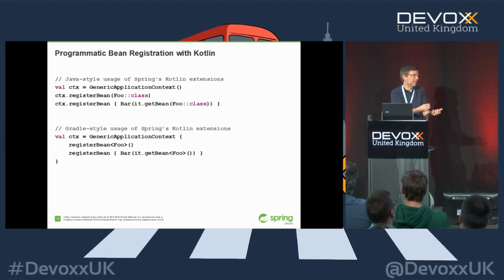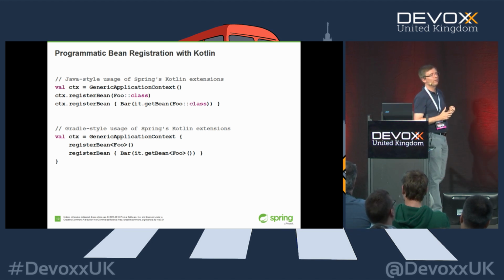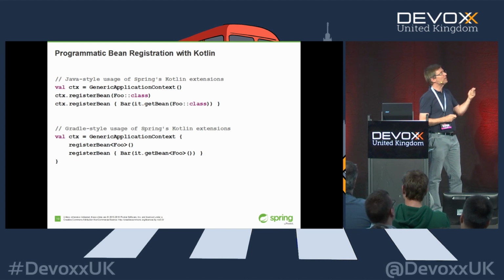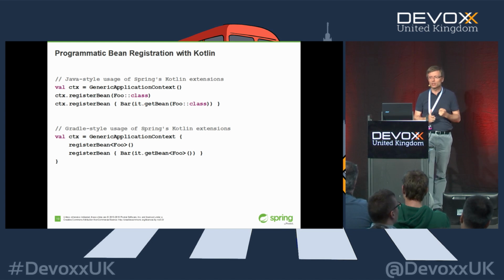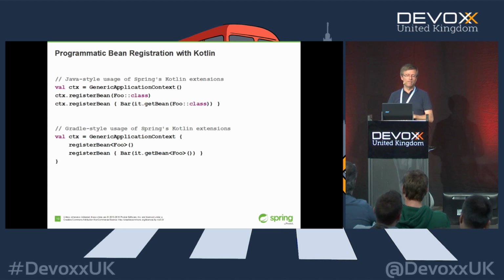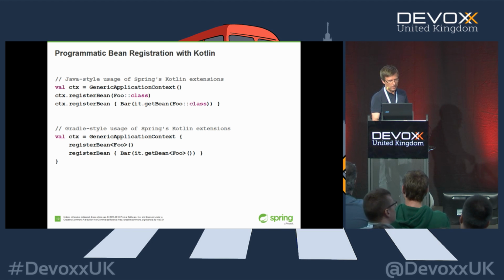So you have to repeat it. You have to say bar.class, here's an instance supplier for it. In Kotlin, we have a reliable way of figuring out what the return type of this Kotlin function is through Kotlin-specific reflection APIs for Kotlin functions. We're making use of this, avoiding your repeating of bar.class in any form here.